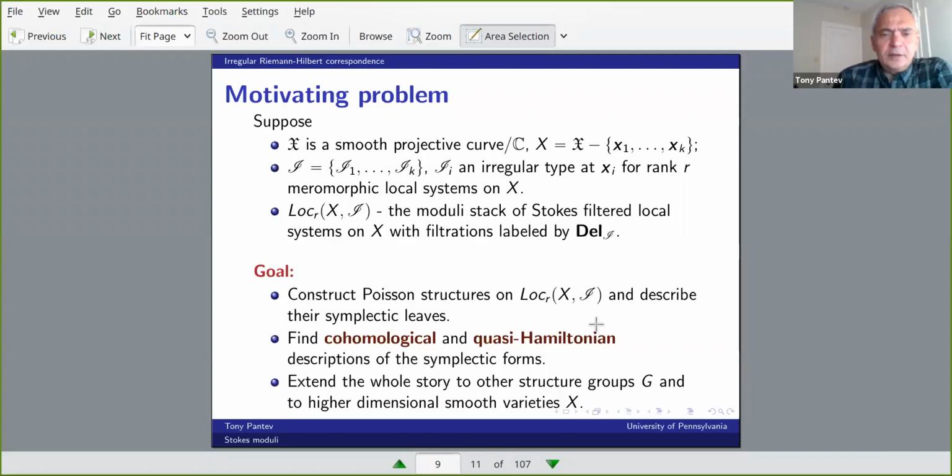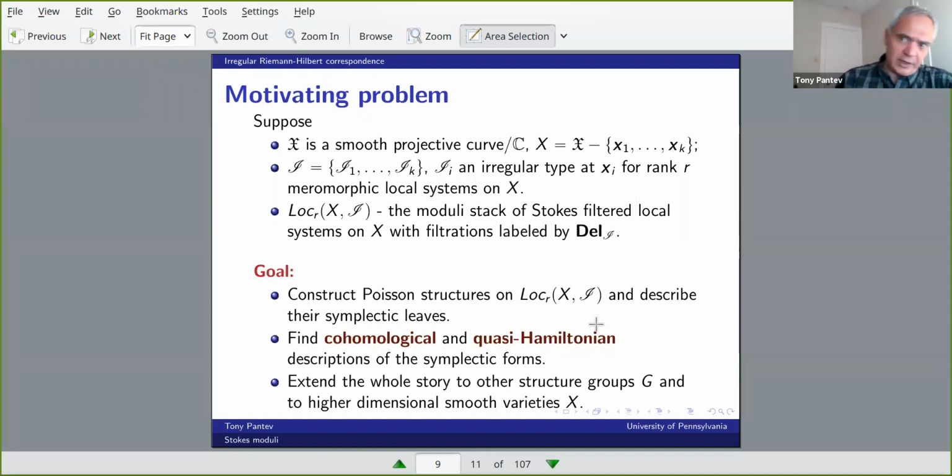All right. So here is the object we want to study. You fix this X, which is a smooth projective curve, puncture it at a finite number of points, and at each point we specify a Laurent tail for a connection of rank r. So it's a Laurent polynomial with coefficients in the Lie algebra, in gl_r here.